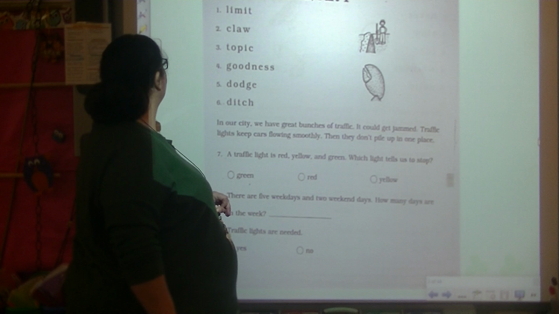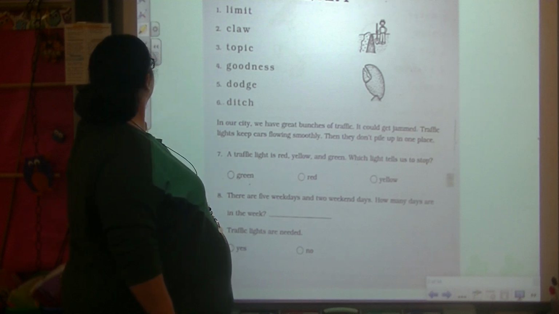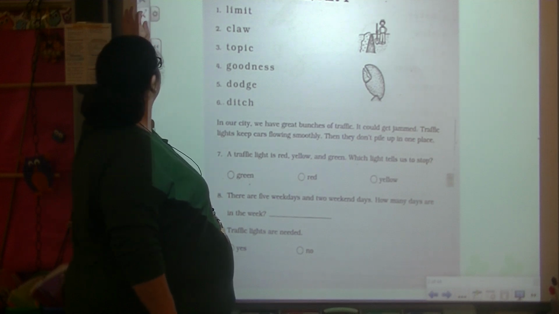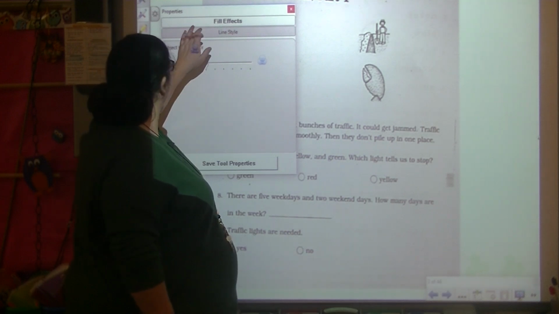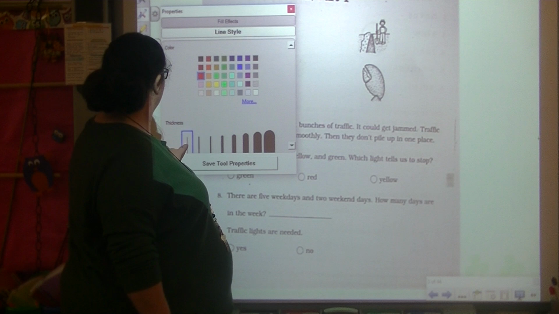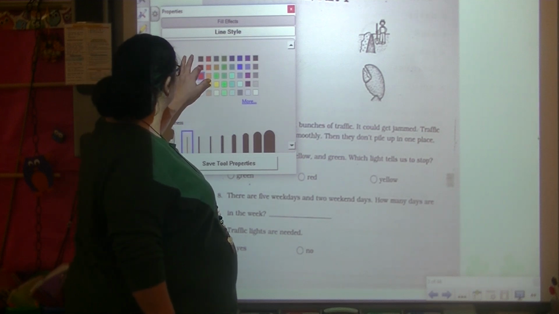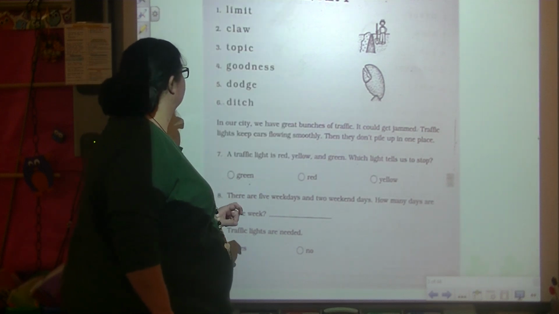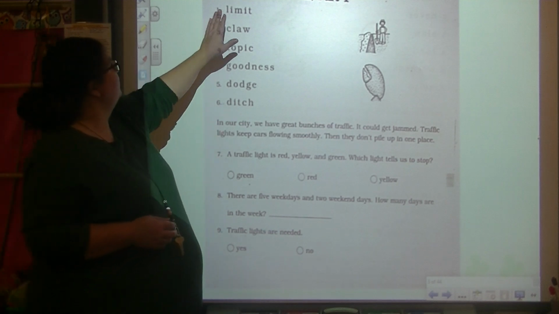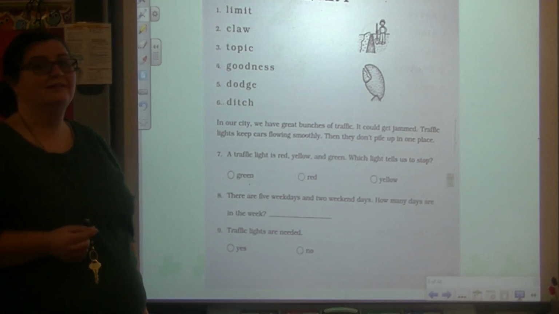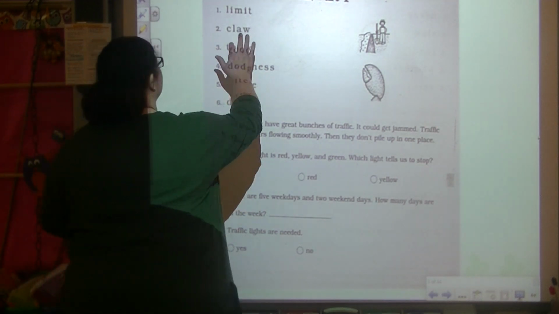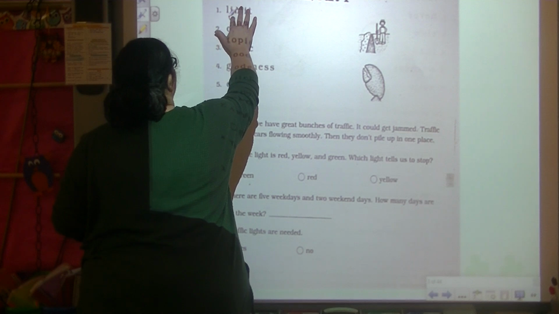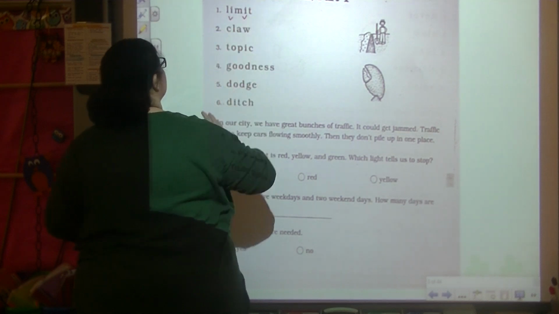Let's go over it. Try to get it small enough where you guys can see. All right, number 1. We have what? 2 vowels. Label your 2 vowels.